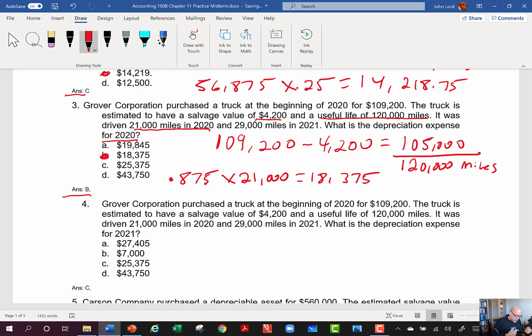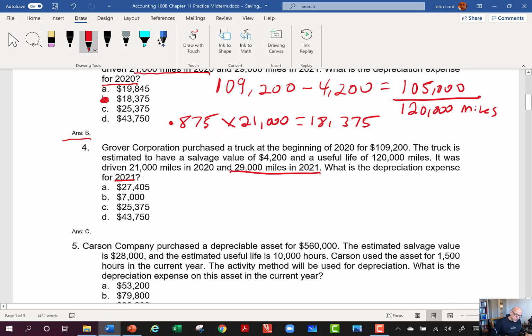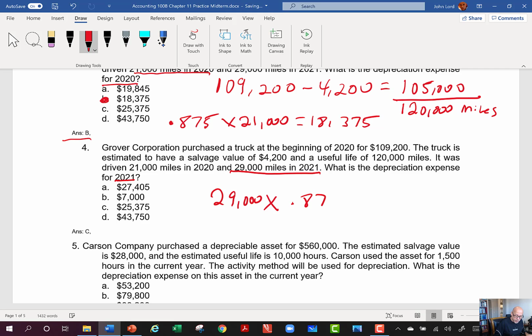Okay, good. Let's take a look at this next one now. We've got Grover Corporation, same fact pattern. Now they're simply asking for 2021. They tell me that in 2021, they drove the truck 29,000 miles. You may look at this and say, oh boy, test us like that, because I can use the information from the previous problem to answer the second problem.